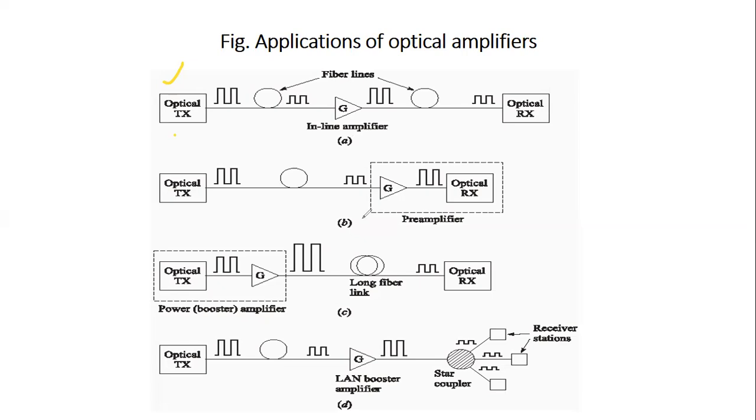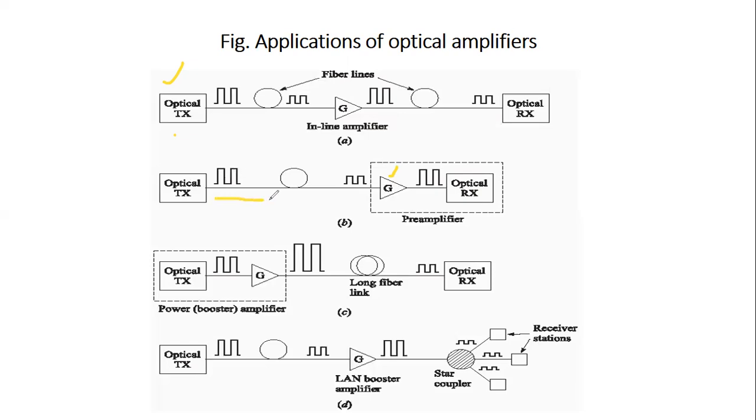The second one is the pre-amplifier. Here this is the optical amplifier, and it is used just nearby the optical receiver, meaning before the optical receiver there is an optical amplifier. Suppose this is your optical transmitter and this is the optical signal.